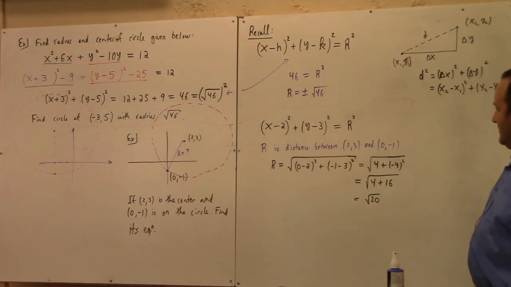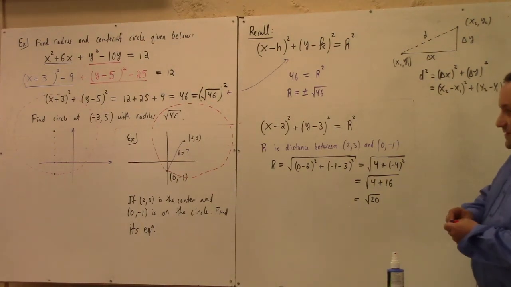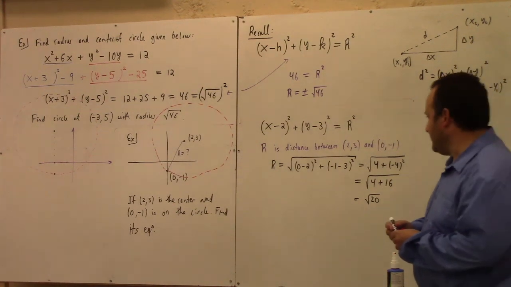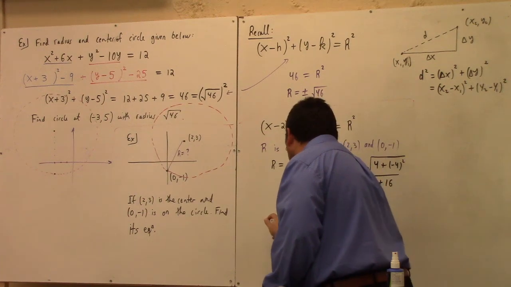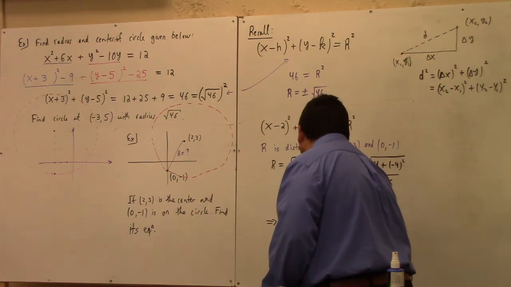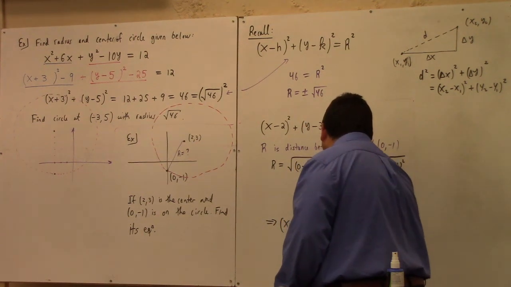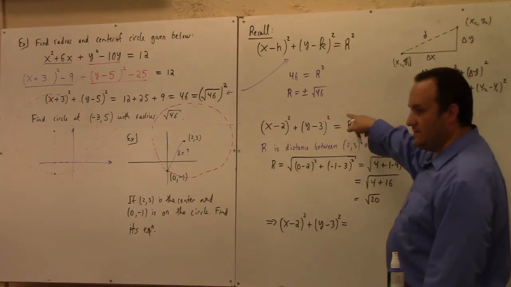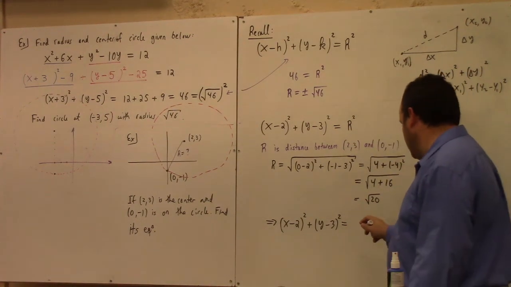So that tells me that the answer is, exactly, the square root of 20 squared, right? So we can just put 20 here, right?